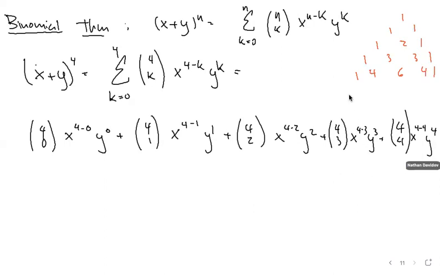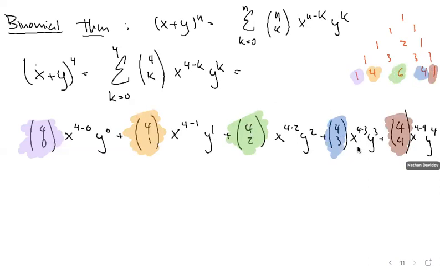So now I know 4 choose 0 is going to be, going down to the 4th row here, 1. And 4 choose 1 is going to be 4. And 4 choose 2 is going to be 6. And 4 choose 3 is going to be 4. And 4 choose 4 is going to be 1 again.